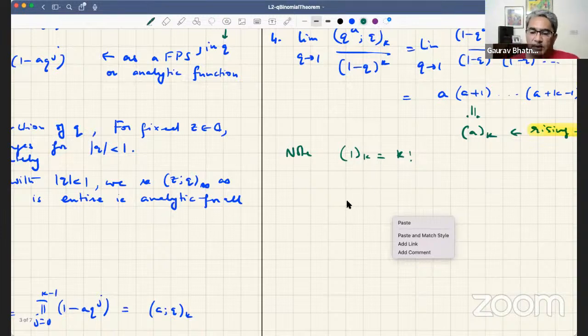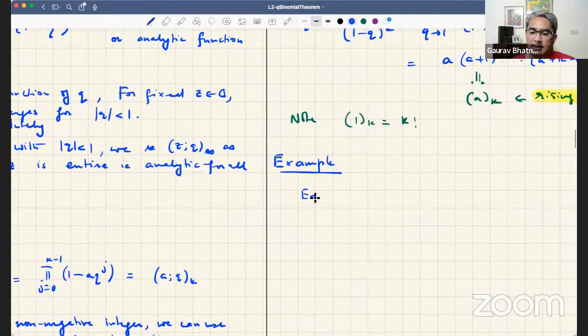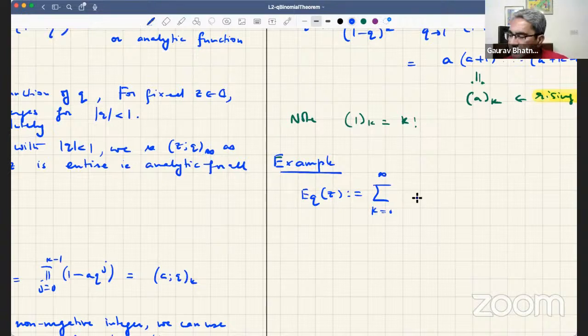All right, so this is just some notation. Let me show you a function which I mentioned in the exercises. Let me just examine that for a bit. This is E_q(z), which was defined to be the summation from k going from 0 to infinity, just an example of a kind of result that we have, z^k over (q;q)_k.